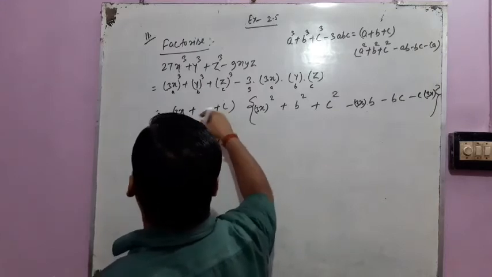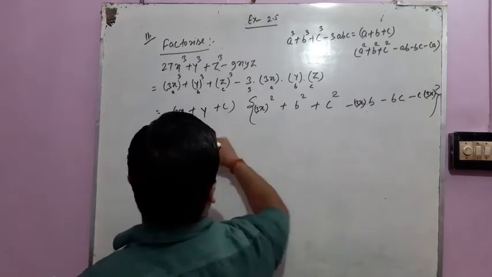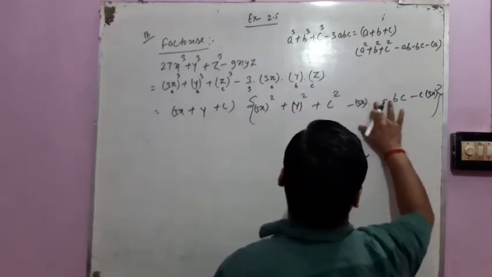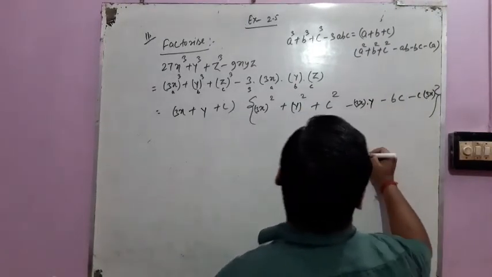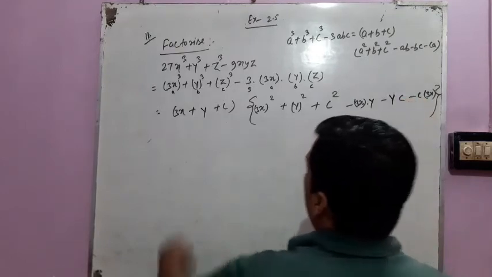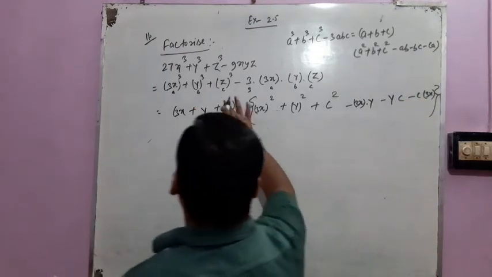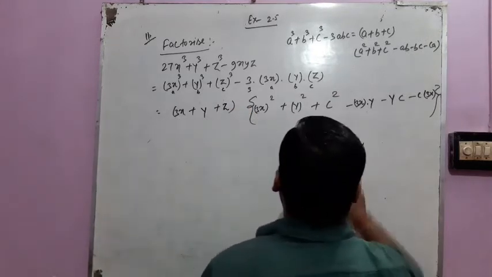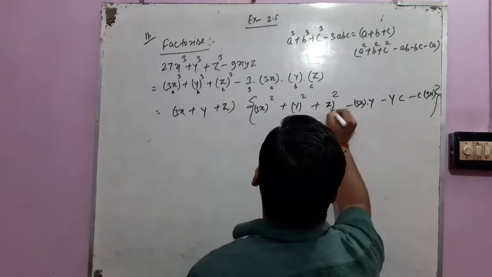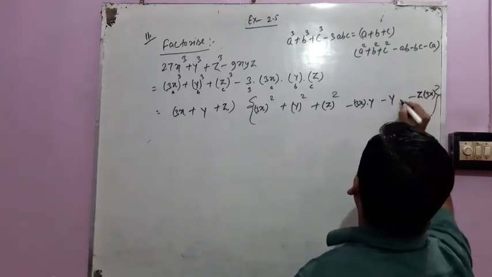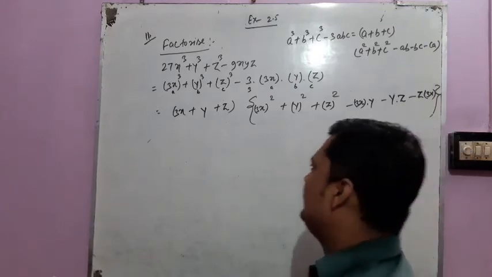So all the positions of b we are going to replace with y. And what is the value of c? z. So whatever the positions of c, we are going to replace with z. Now we have to solve, students.